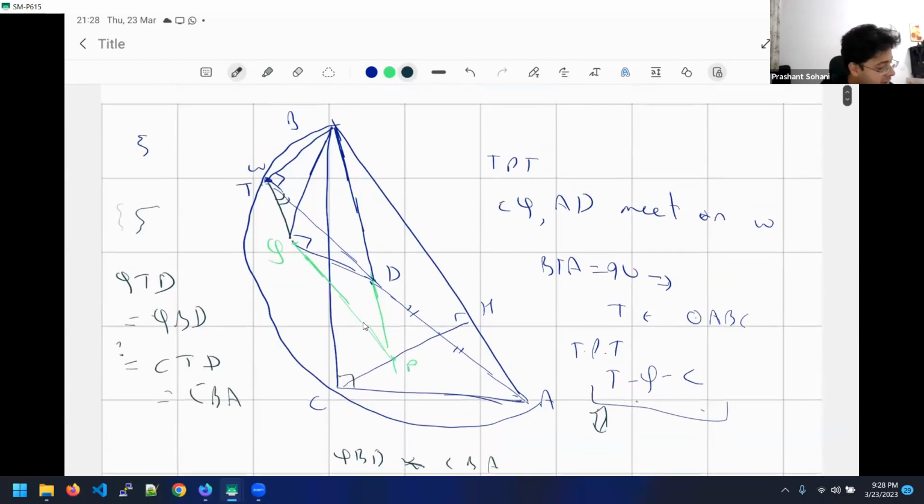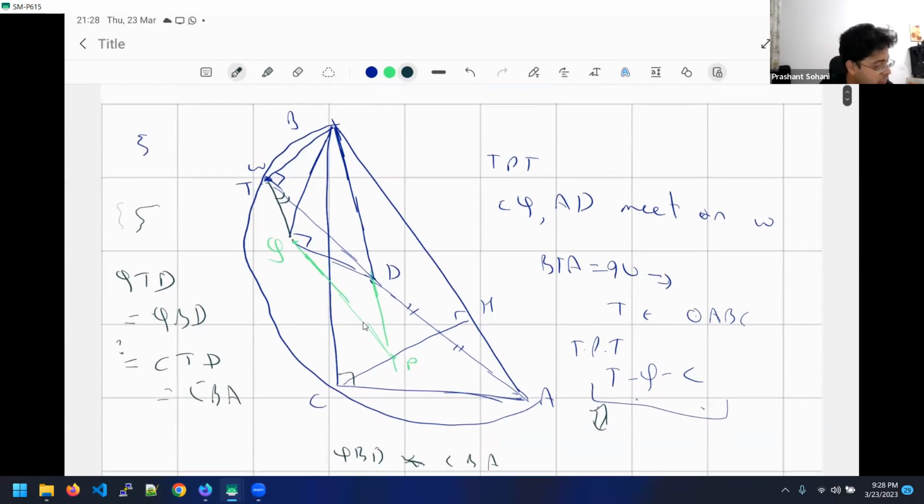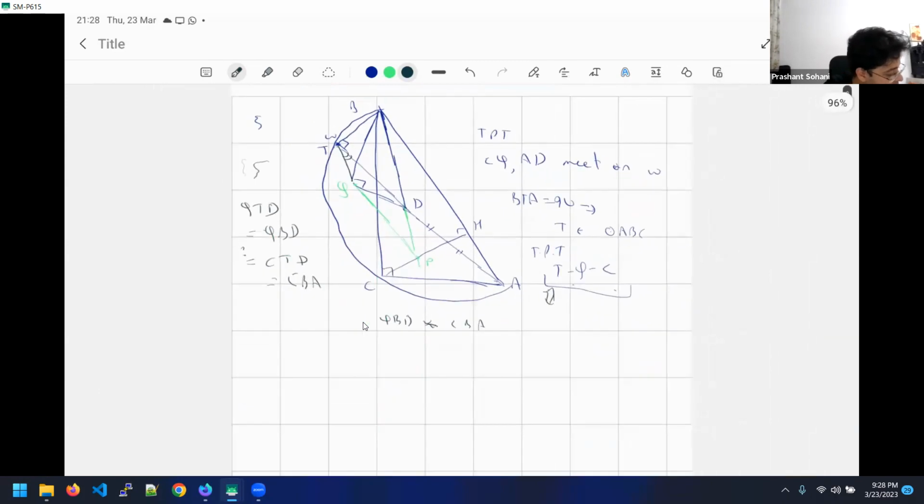When they are similar with one vertex common, effectively what we want to show is that triangle QBD and triangle CBA are related by a homothety, or rather a spiral homothety in this case.